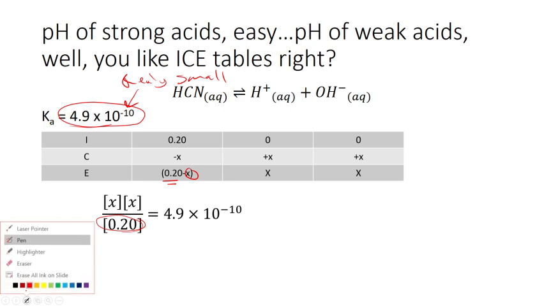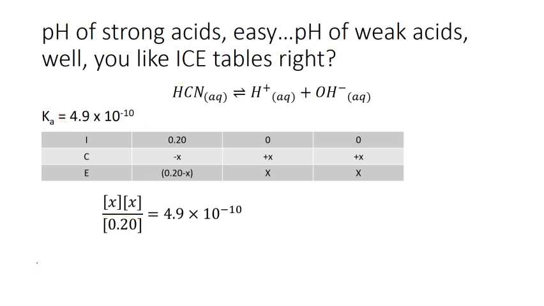So we can just make an assumption that makes our calculation a lot easier, that x is so small, it is not going to change the amount of our original acid that's in there. So now our equation becomes x squared over 0.2 equals 4.9 times 10 to the negative 10, because we made that assumption that because the Ka is so small, x is going to be so small that we can disregard it in this calculation.